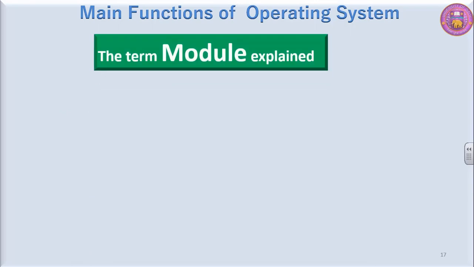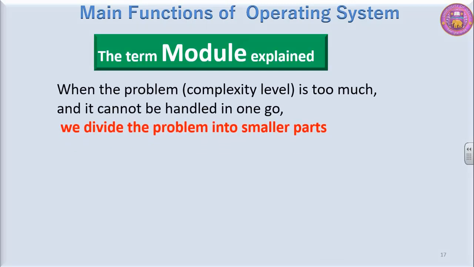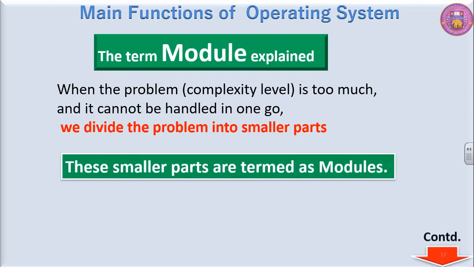Here we have used the term module. What is the exact meaning of this module? Let us look at this particular thing. When the problem or the complexity level is too much and that problem cannot be handled in one go, what we do is we divide the problem into smaller parts. These smaller parts are termed as modules.